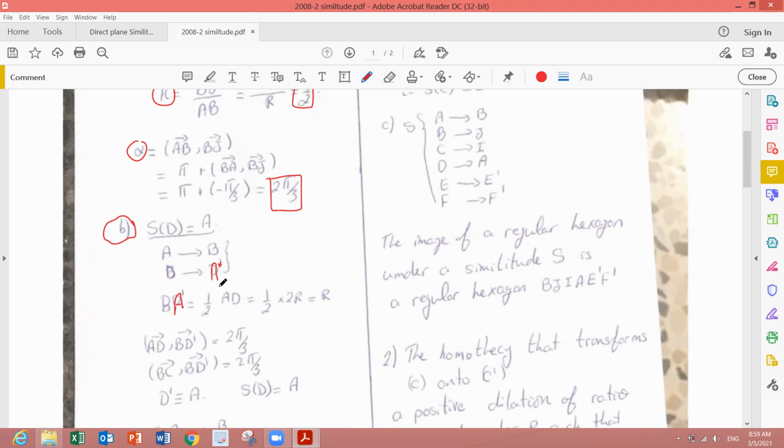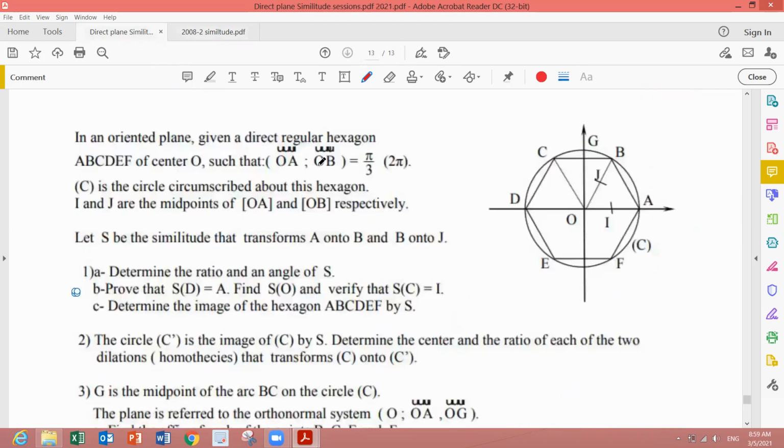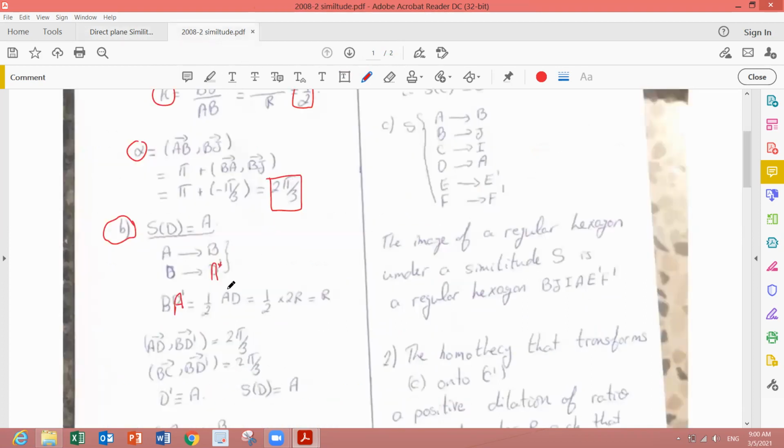BA equal half AD. How much is BA? The length of BA is R, and AD is 2R. So BA equal half AD. It is equal to R, so it is correct.